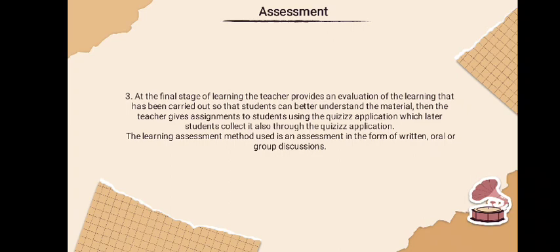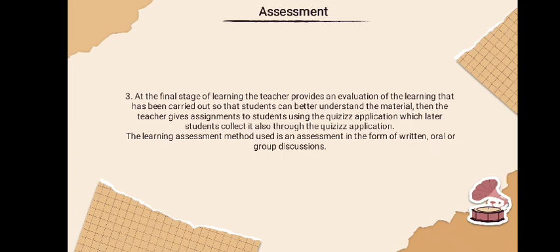And the number 3, rating. At the final stage of learning, the teacher provides an evaluation of the learning that has been carried out so that students can better understand the material.